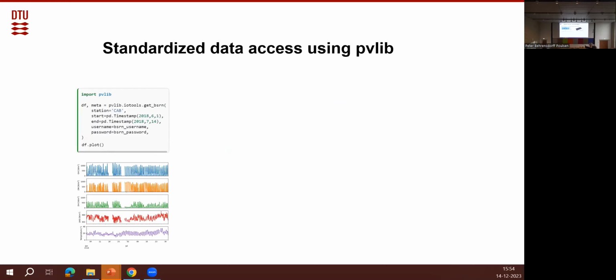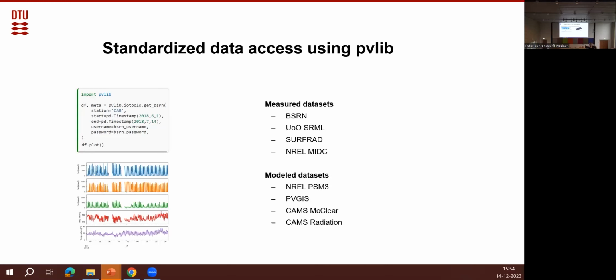So the Python library called pvlib now features 10 or 12 different functions for accessing different irradiance data sets, including some of these commercial data sets. So you basically just write a few lines of code, and then you're able to get high quality measured irradiance from these 4 different networks or from these 5 model data sets.